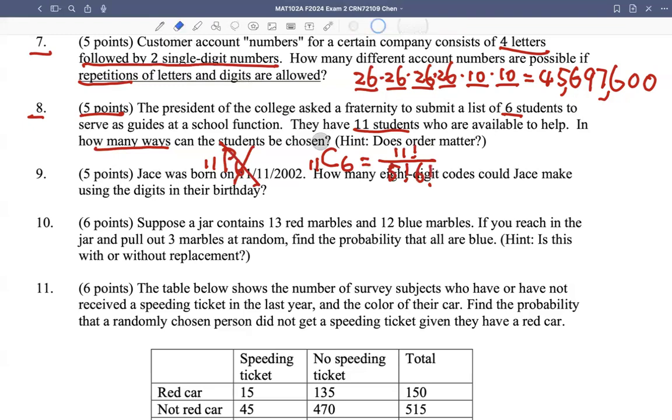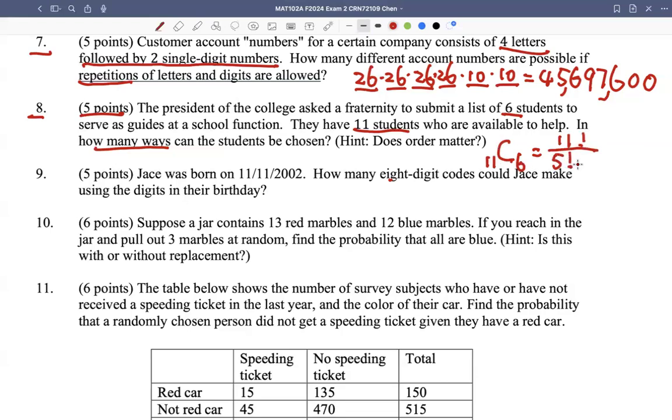Let me write on the side. So first, it's not permutation, it's a combination. So out of 11, choose 6. So that's 11 factorial divided by 11 minus 6, which is 5 factorial, then 6 factorial.